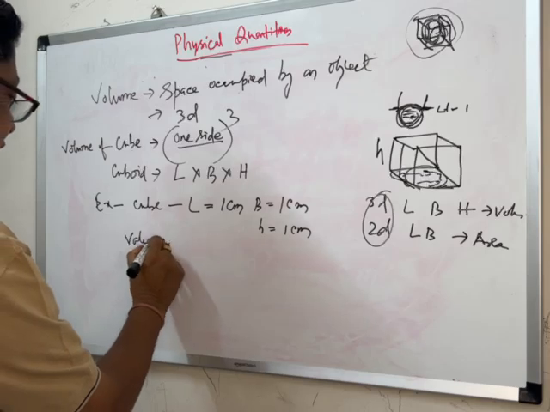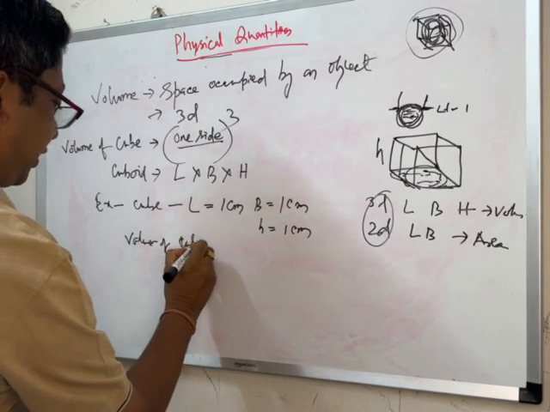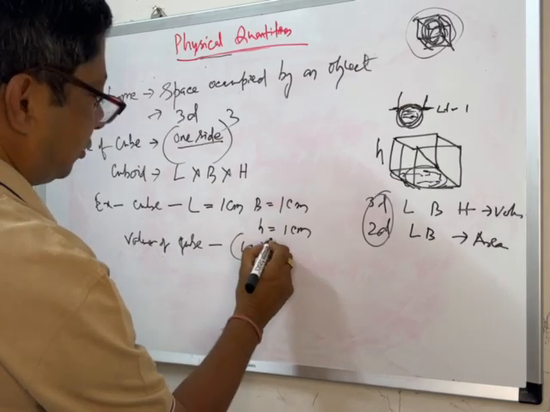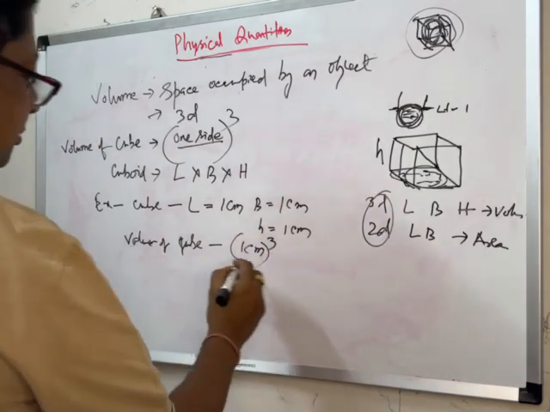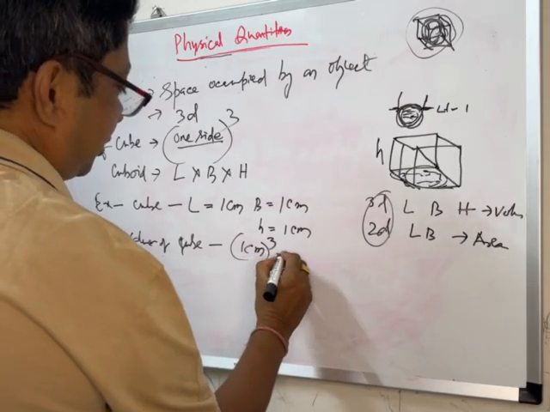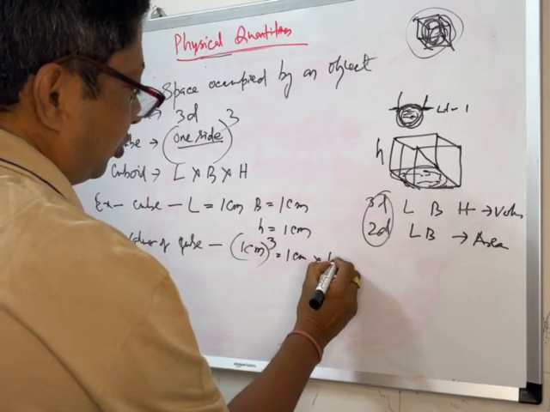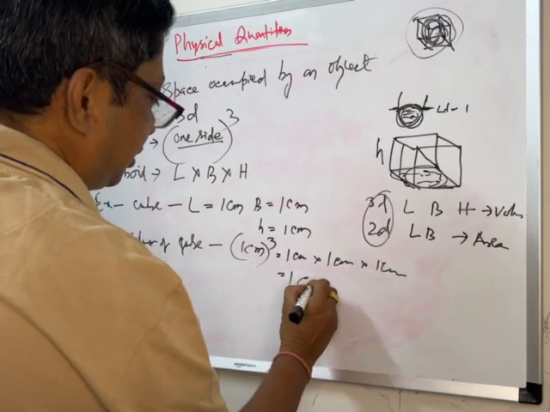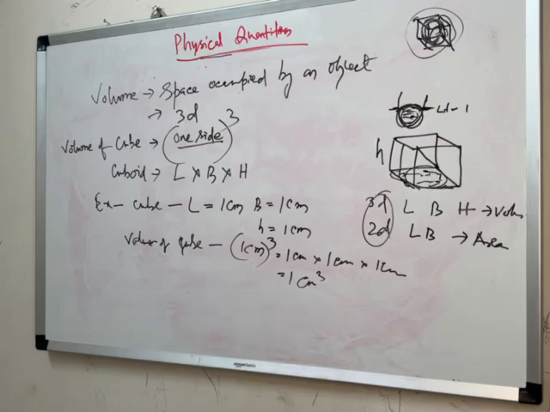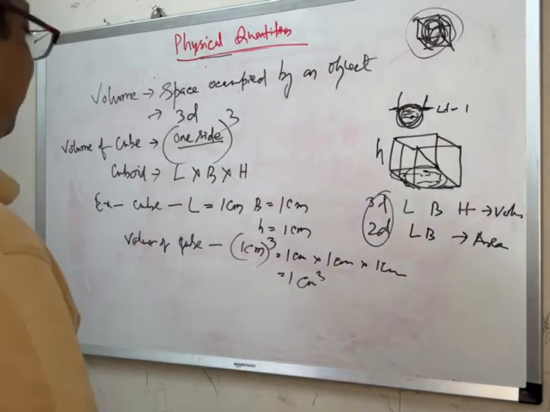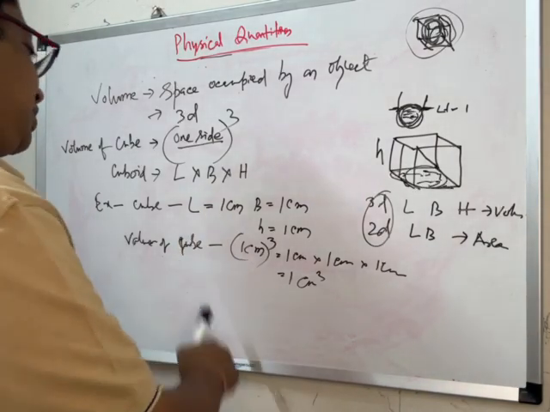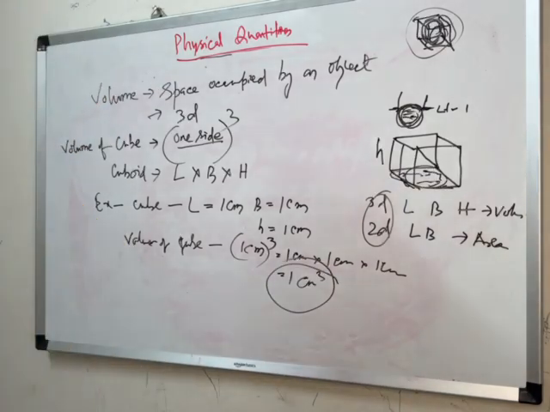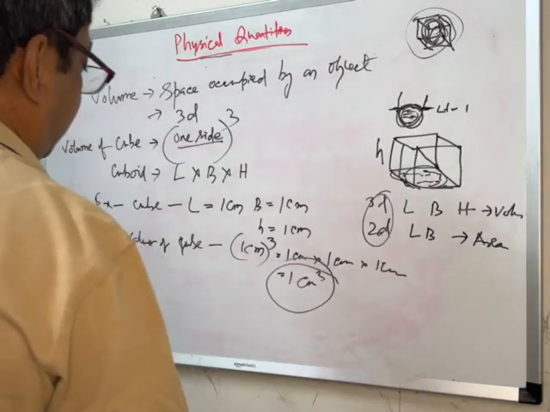Volume of cube will be 1 centimeter cube, sorry, 1 centimeter into 1 centimeter into 1 centimeter. So if length, breadth and height are 1 centimeter, then volume of cube will be 1 centimeter cube. If it is in meter, then 1 meter cube.